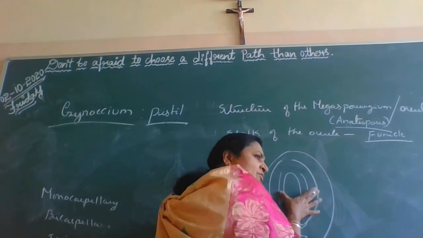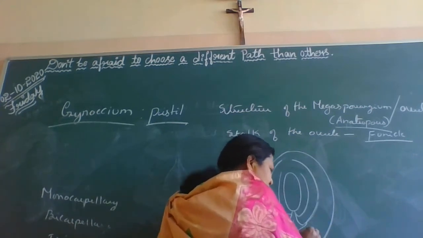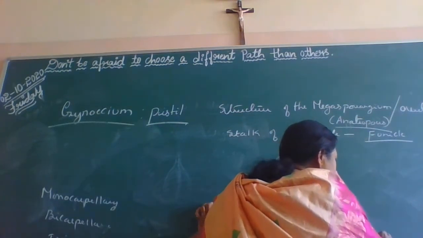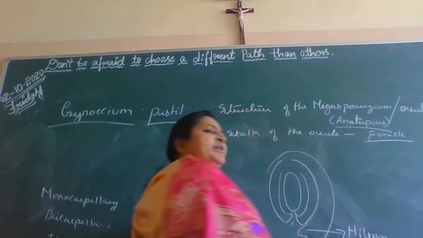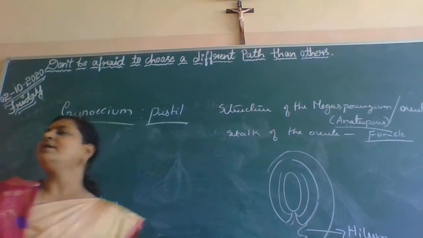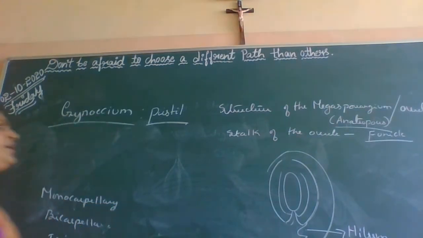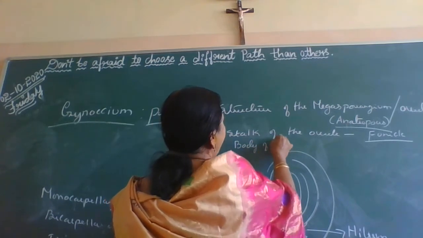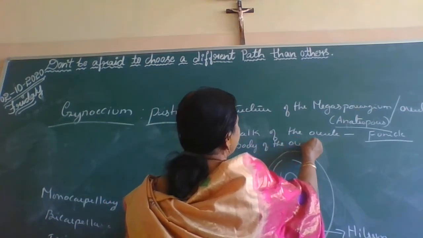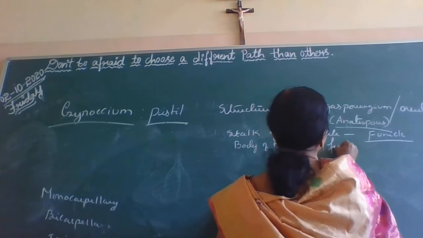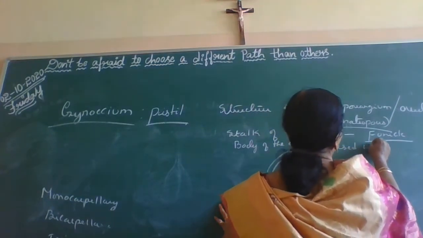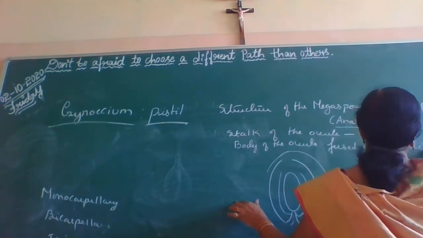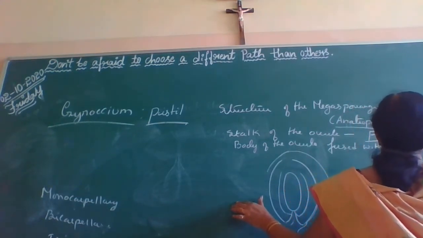This whole body of the ovule is fused with what? Funicle. This portion is called as hilum. What is hilum? The body of the ovule fused with funicle is called as hilum.